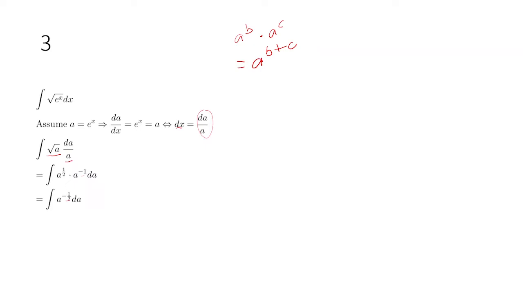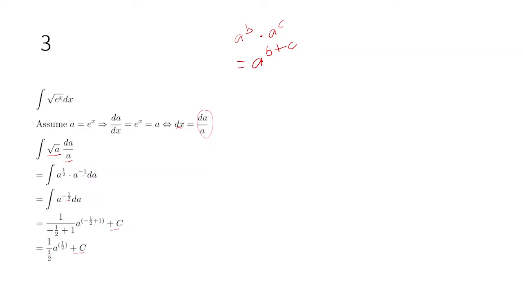Because of that, we can just apply the inverse exponent law. 1 over -1/2 plus 1, and yeah, -1/2 plus 1, will be 1 over 1/2 multiplied by a to the power of 1/2. Don't forget to add plus c, because these are indefinite integrals.